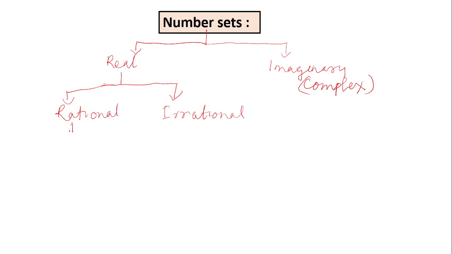In the rational number set, there are also subsets like integers. Then in the integer set, there is the whole number set, whole numbers. Then in the whole number set, natural numbers exist.